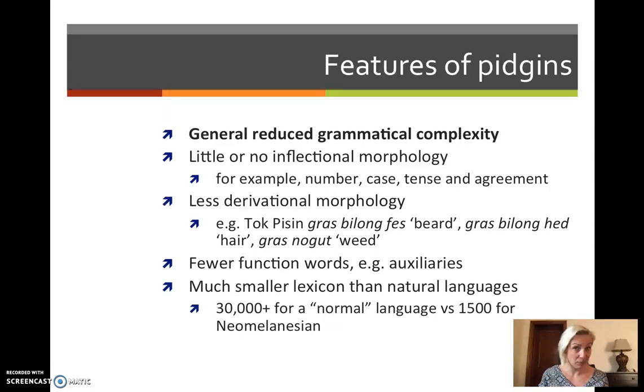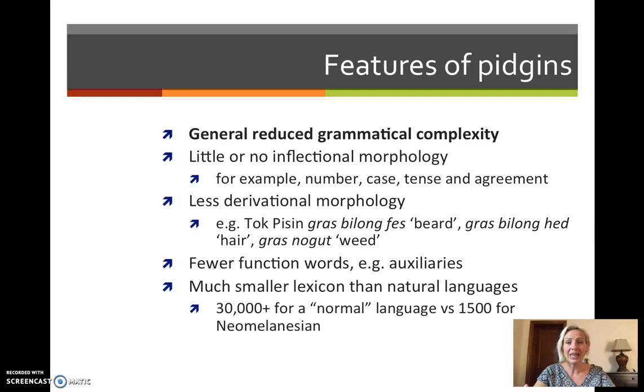Can you think how that meaning is achieved? Grass belong face, right? So instead of coming up with a new word for beard, we use a description. It's kind of a grass that grows on the face. Similarly, "gras belong het" means hair. Again, grass that belongs on the head, grass that grows on the head, meaning hair. "Gras no good", so grass which isn't good, means weed.